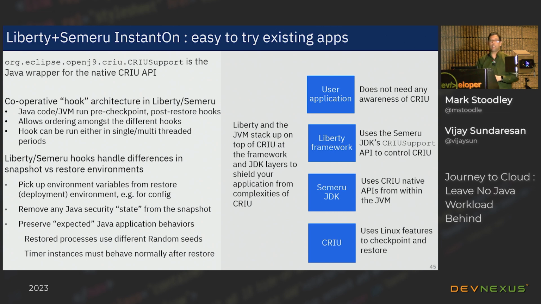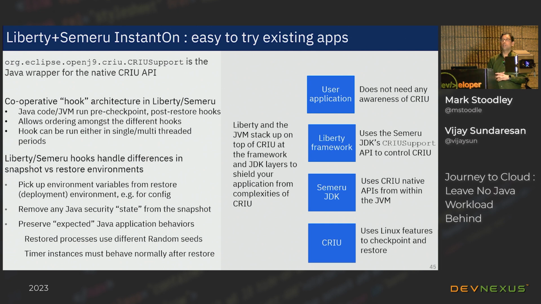There are various compensations that are done by the app server and the JDK working together in order to make this a seamless experience from an end user perspective. Some of the things that we fix up, for example, are we allow you to specify environment variables at runtime. We allow you to run your applications and not worry about security.